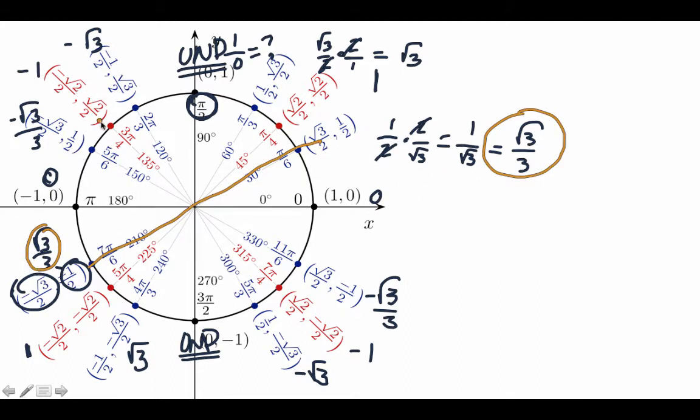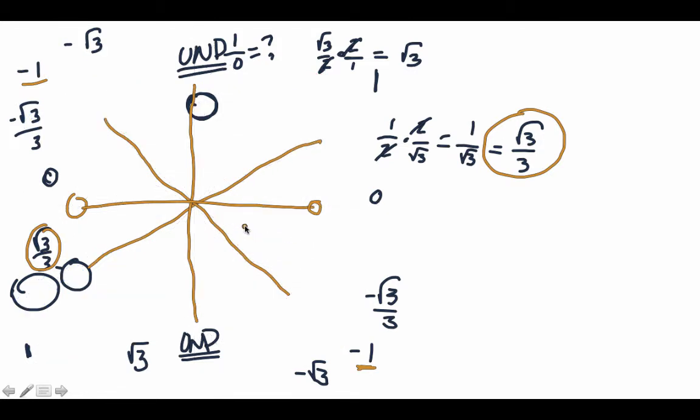Same thing happens right here. If you look at 3 pi fourths, and then on the other side, 7 pi fourths: negative 1 and negative 1. If you look across here, undefined and undefined. If you look across here, 0 and 0. And this actually is a pretty slick way to memorize the tangent.